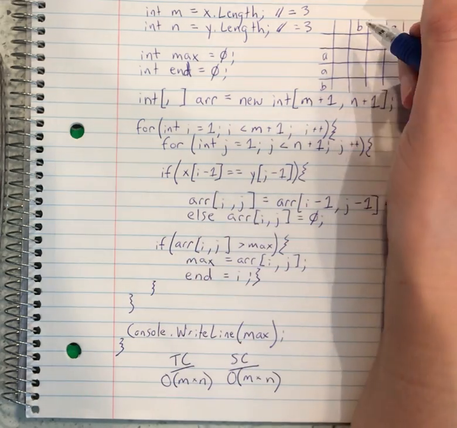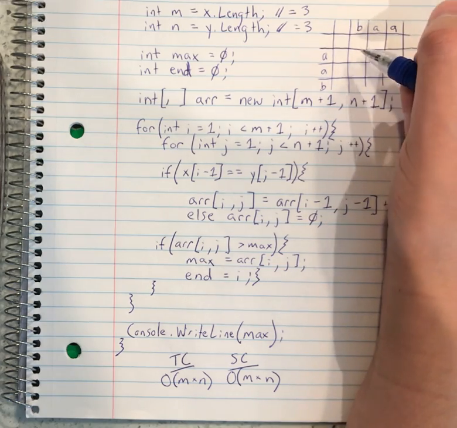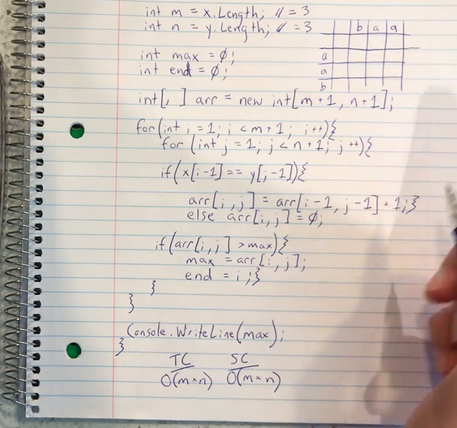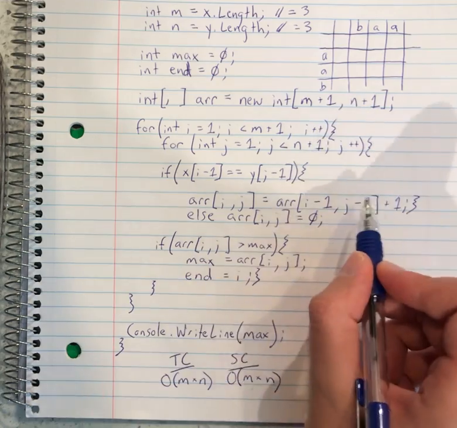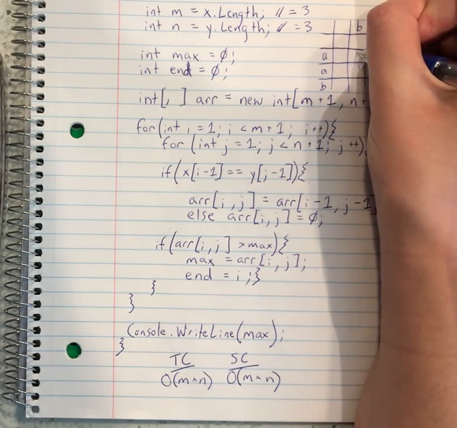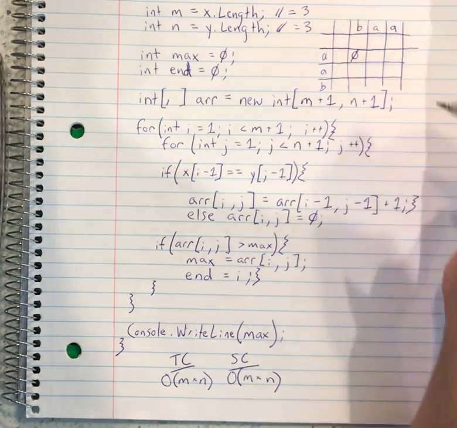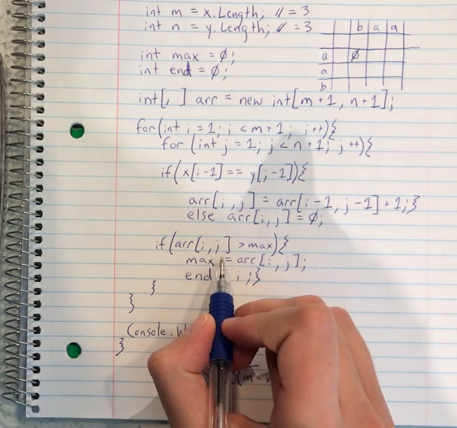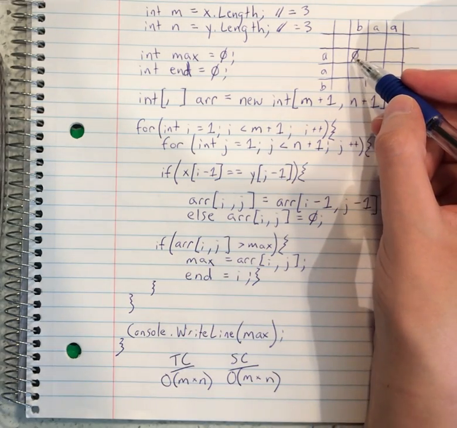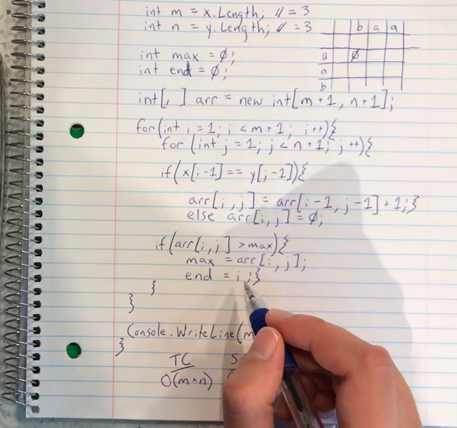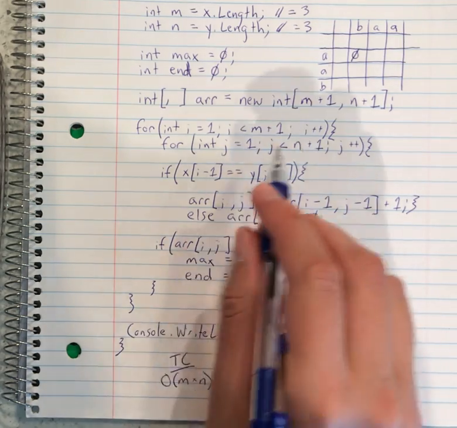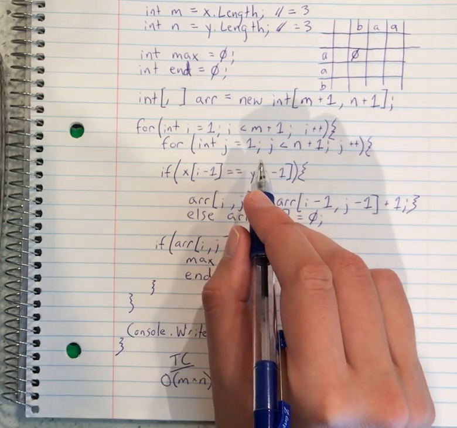If both these elements match, but they don't, so else this value is assigned as 0. Array of ij is currently 0, that's not greater than max, so we just increment j here.